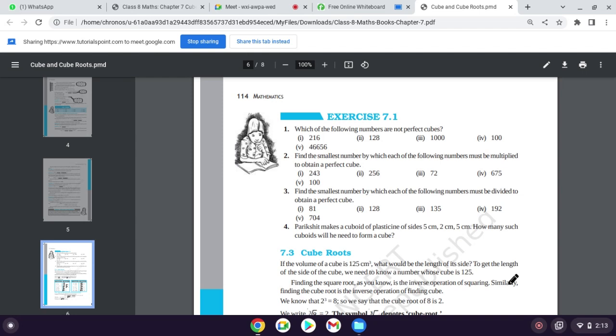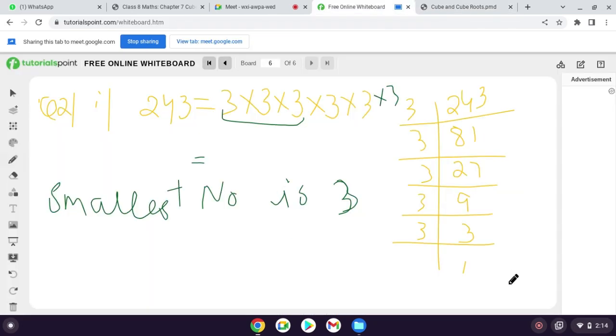So if I underline the values, we have to find that perfect cube. For example, let's do this 81 part.